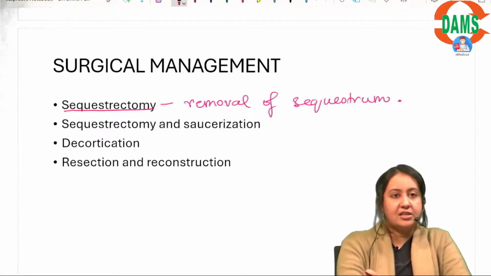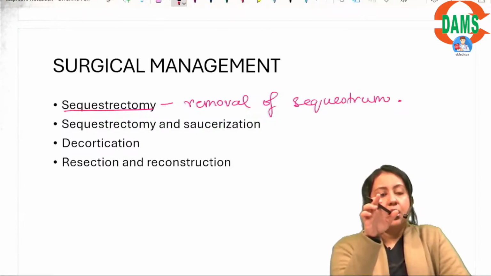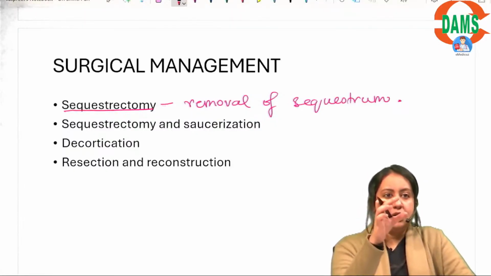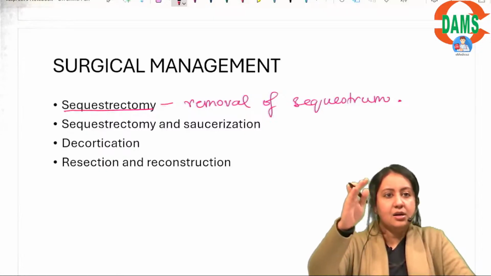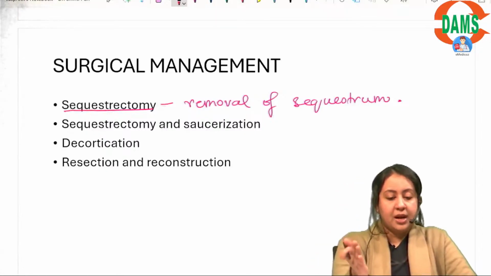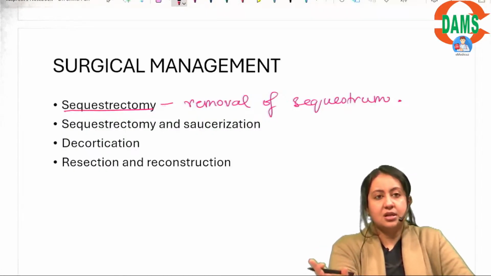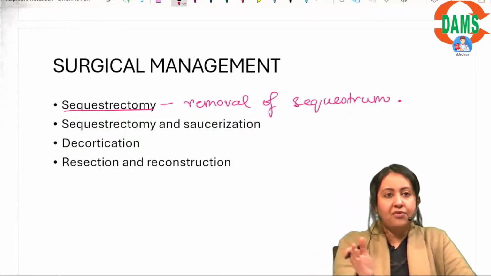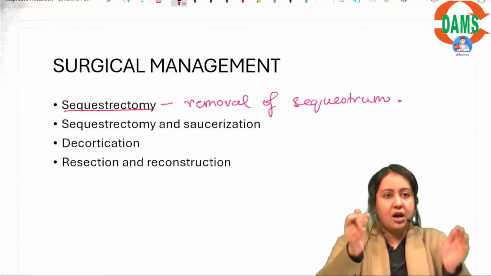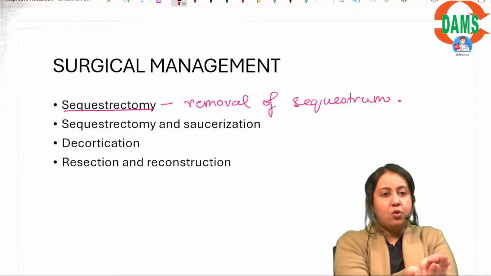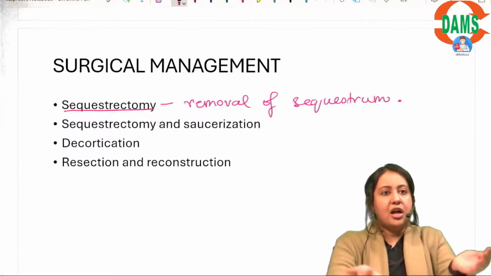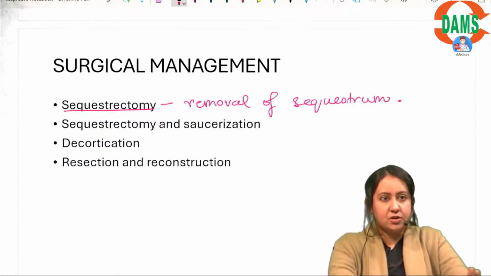In this technique, you remove the sequestra and, like how you do peripheral osteectomy for cysts and tumors, you remove another layer of bone and give it a saucer-like shape. You remove the sequestra, scrape some more bone, and give a saucer-like shape: saucerization.